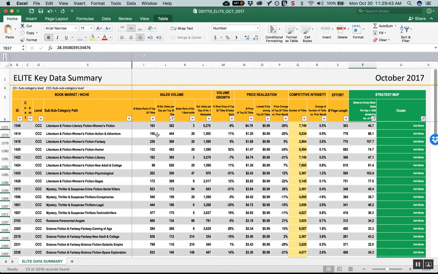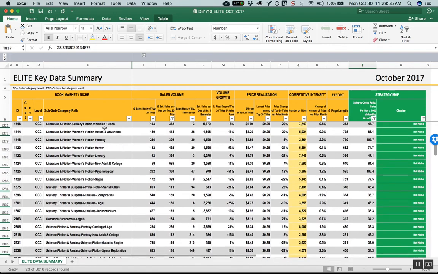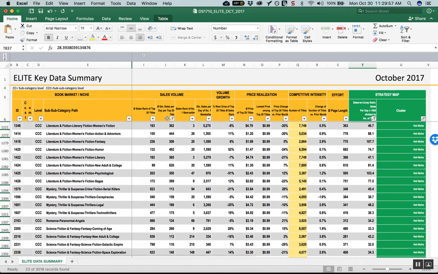All right, so let's look at these. After I've done all of that, I'm now going to start paying attention to my genres. For the sake of this, it's only 23 of them, so I'm going to tell you what they are. The first thing you're going to notice is that I have everything based on how many sales per day you get in the top 20, followed by your sales to competition ratio, followed by what cluster they're in.